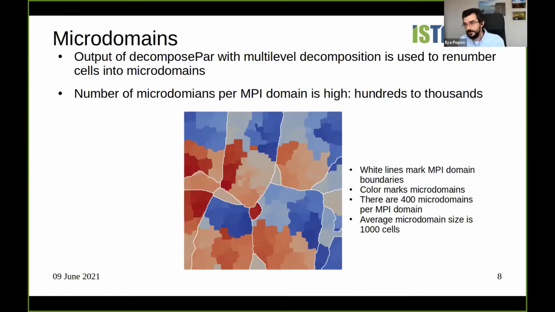White lines divide into MPI domains, and then color indicates these small microdomains. Each one is about 1,000 cells, and there are 400 microdomains per every MPI domain.